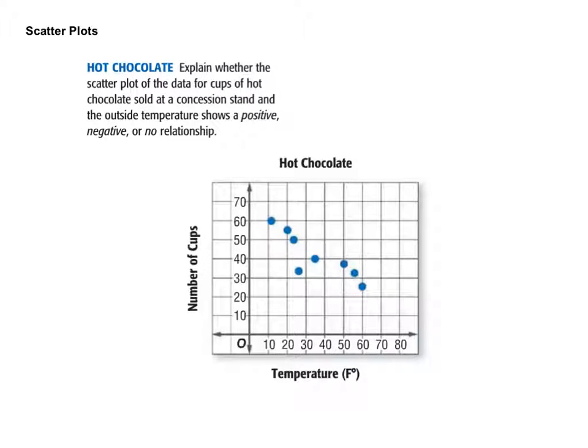Okay, so it says explain whether it has a positive, negative, or no relationship. So we would say here that this is a negative relationship because, since it says explain, we need to put some words with it.